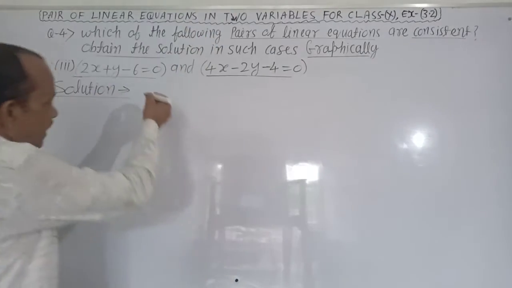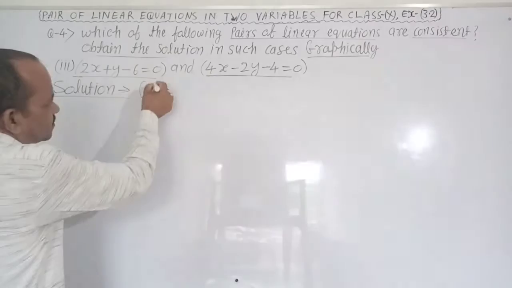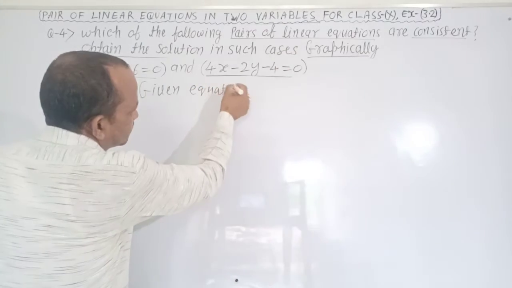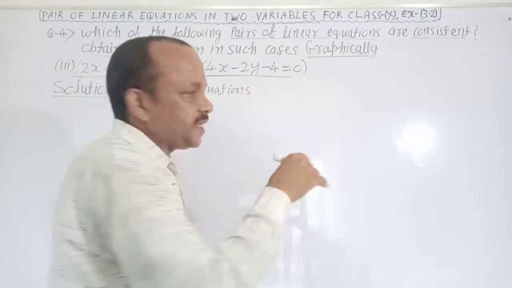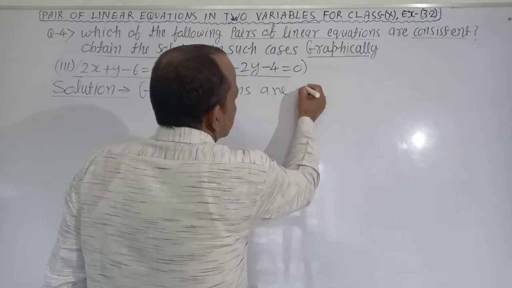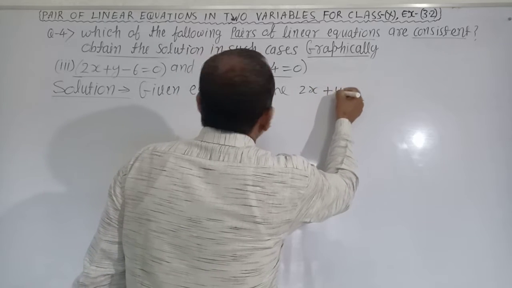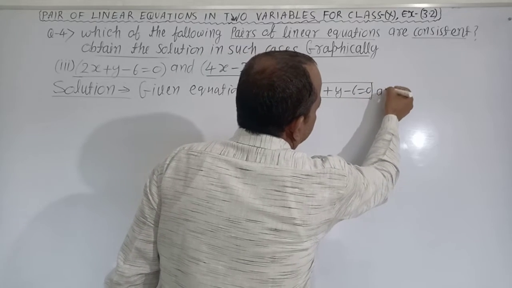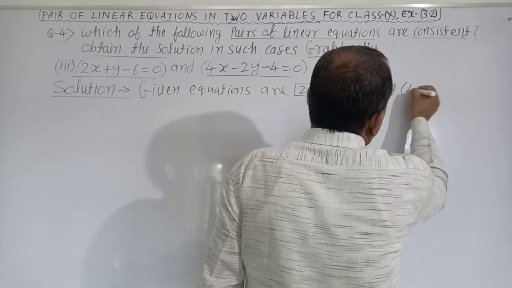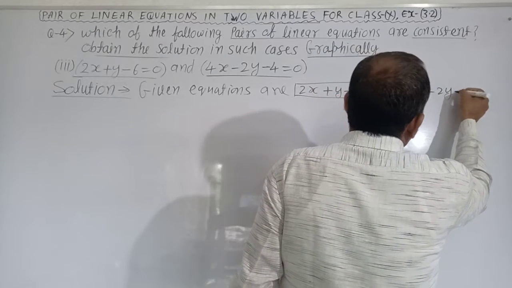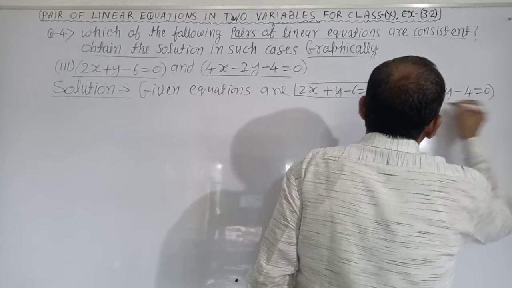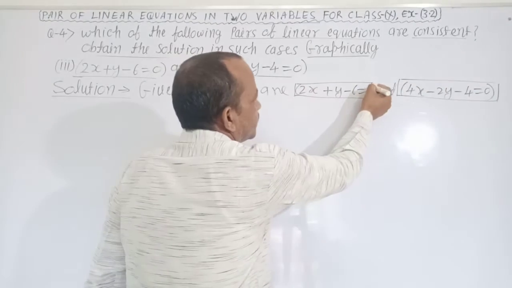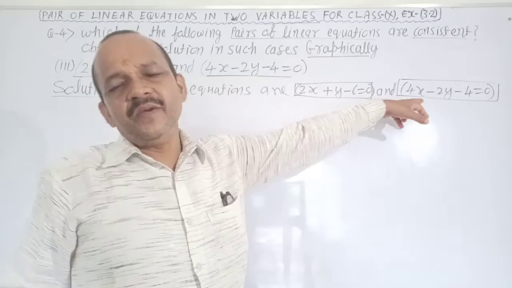See the book. Given equations are 2x + y - 6 = 0 and 4x - 2y - 4 = 0. These are the given equations.